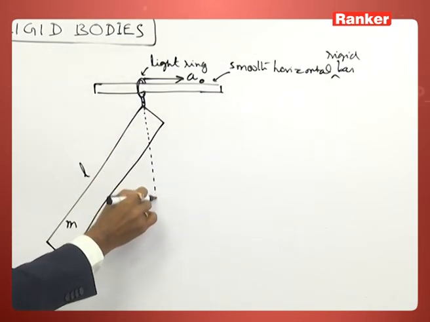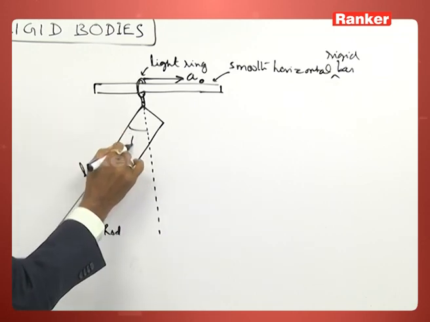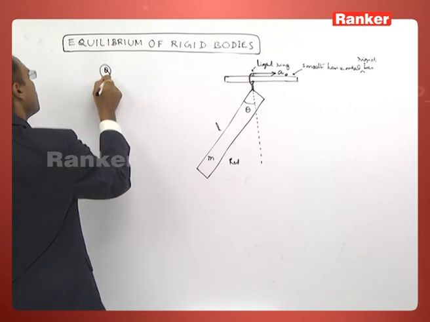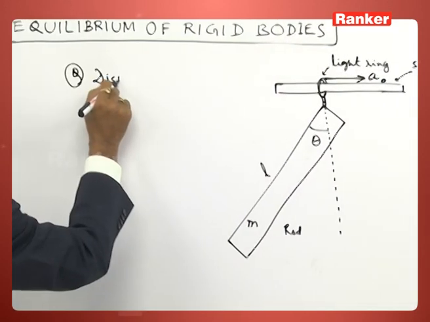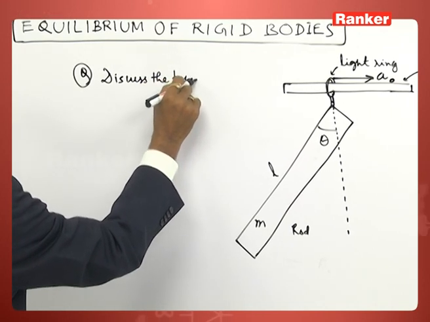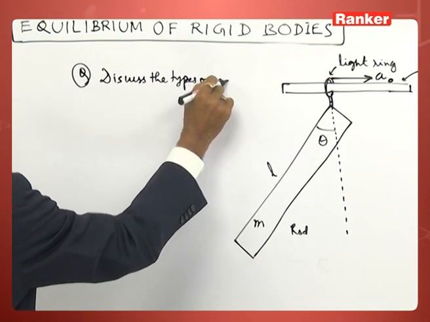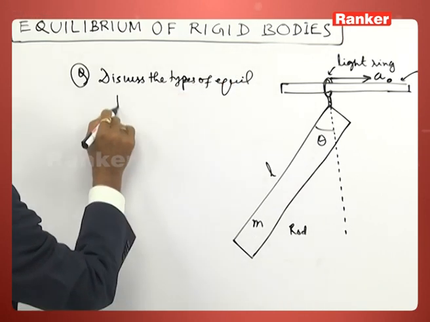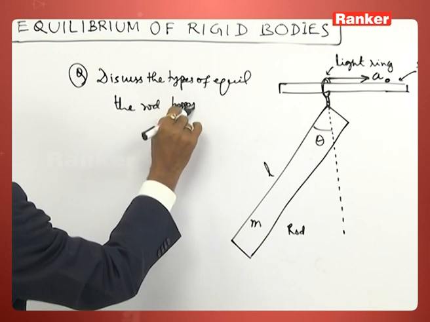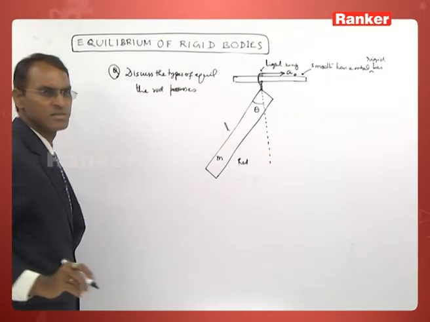The rod makes an angle theta with respect to vertical. We discuss the types of equilibrium the rod possesses.